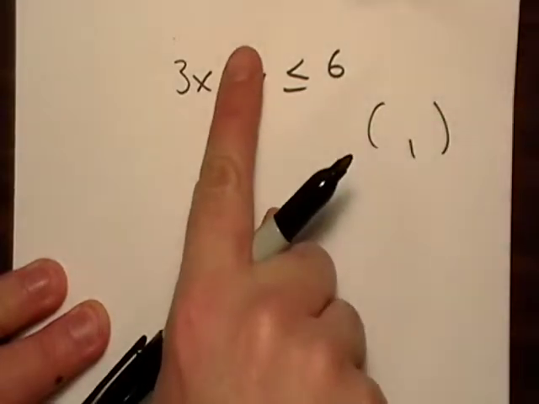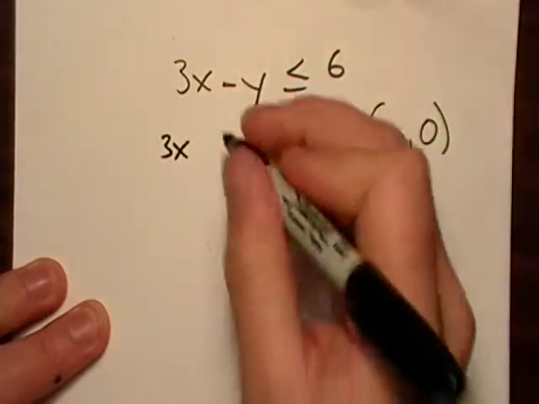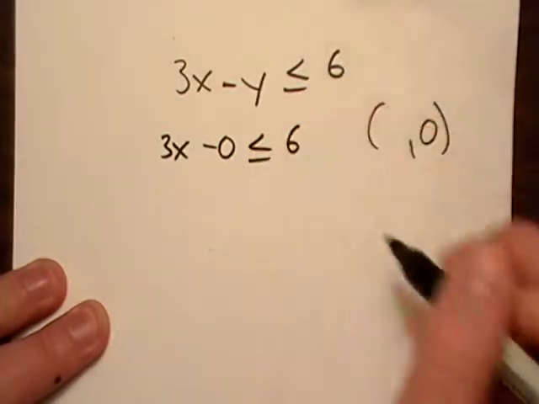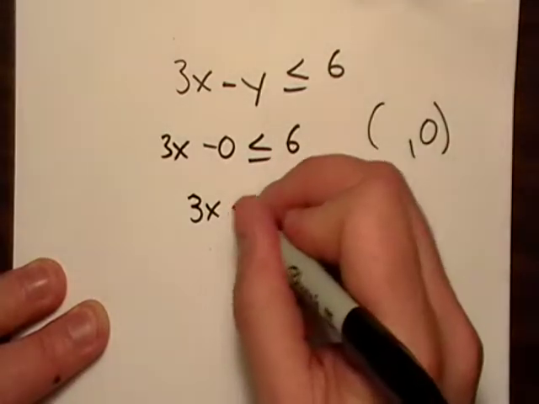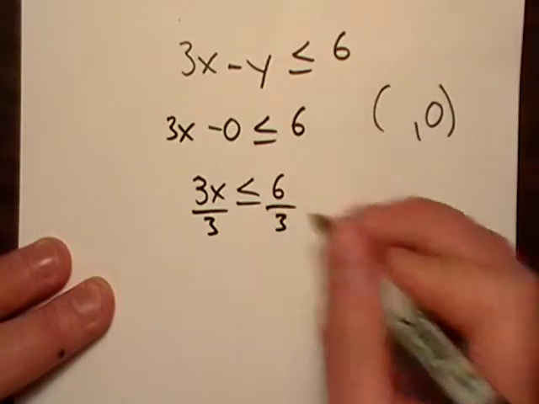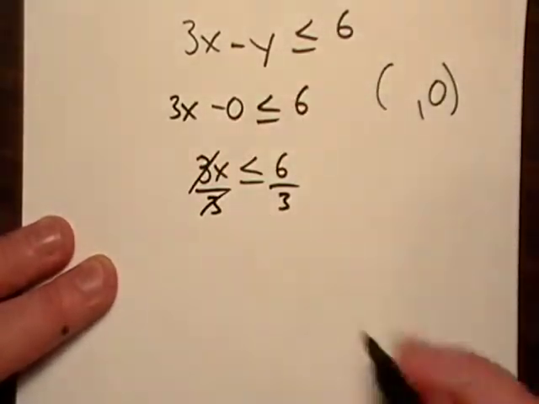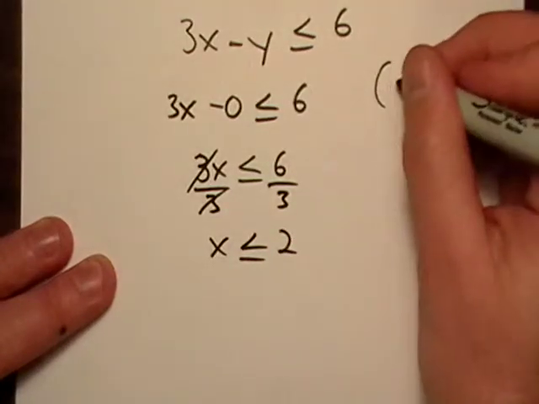Okay, if y is equal to 0, so we'll set y equal to 0. Okay, so it gives us 3x. 3 divided by 3 is 1. 6 divided by 3, that's 2.